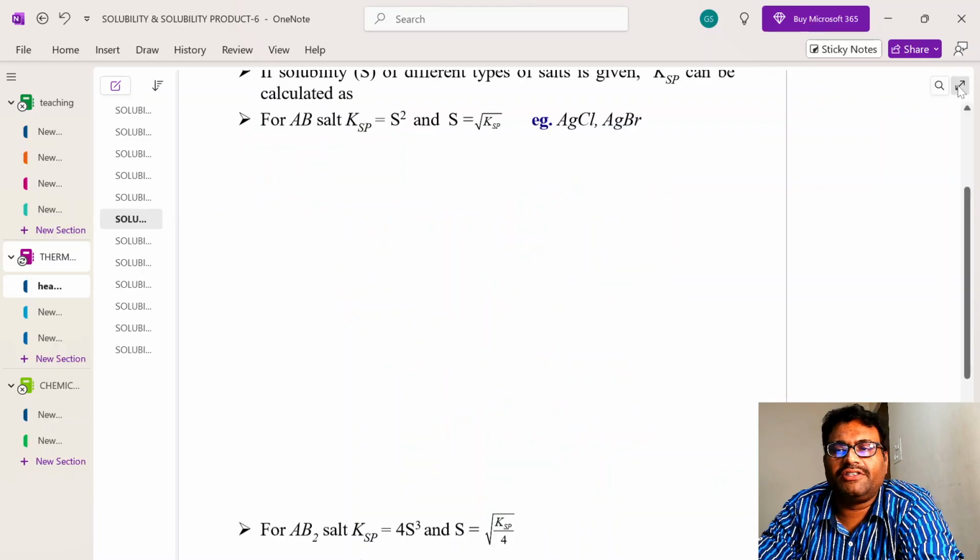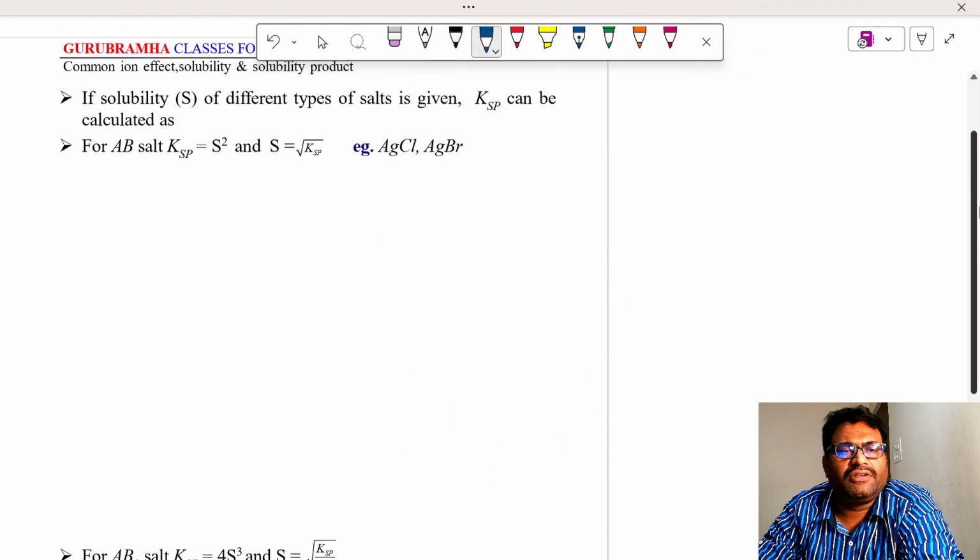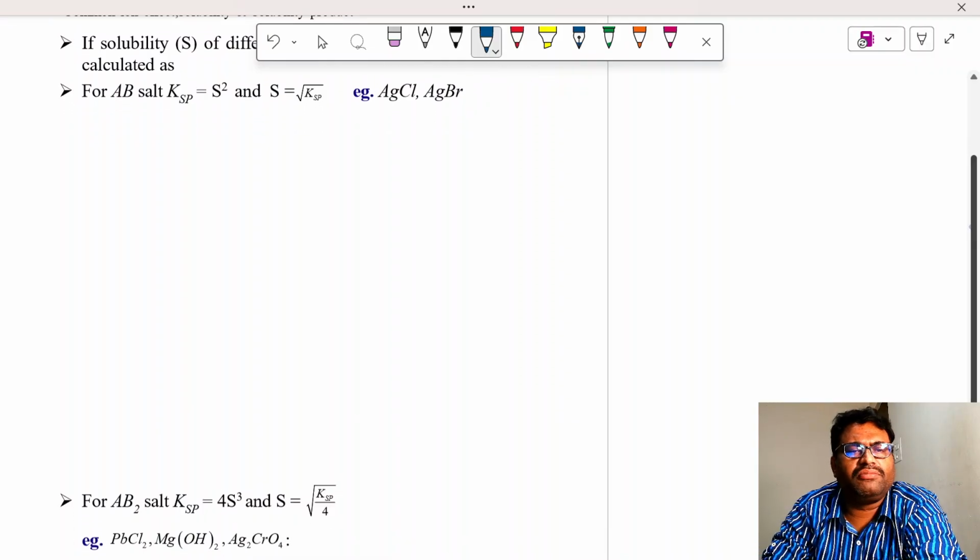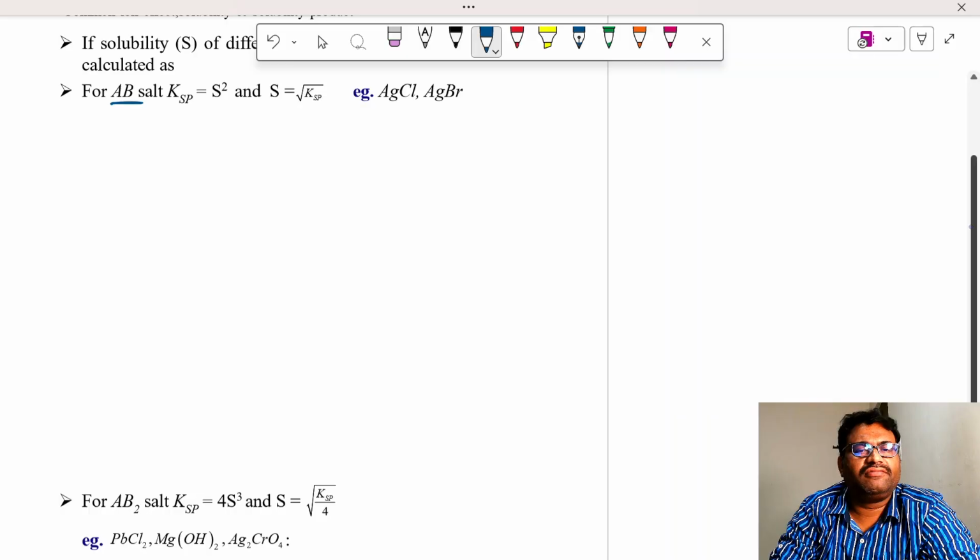Coming to the next part, let us see some salts. AB type of salt. What is that AB type of salt? Let us take this AgCl. AgCl is also an AB type of salt, right?